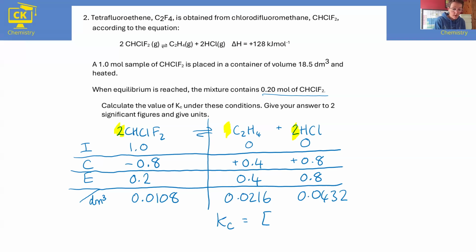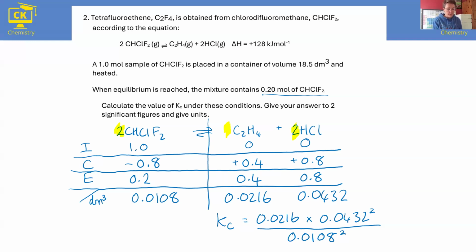We need to do C2H4 and then squared HCl. So it's going to be concentration of that, 0.0216, times 0.0432 squared, over 0.0108, which is also squared. So that needs to go to the bottom as well.